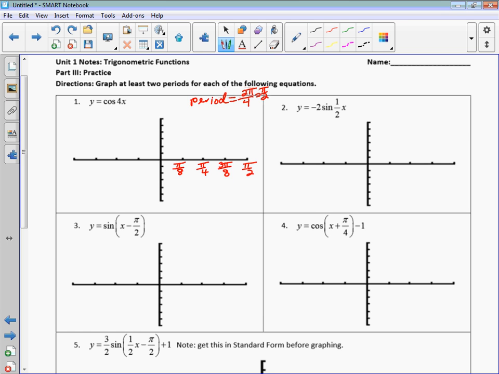I'm going to go 2 tick marks to equal 1 on my y-axis just because they're pretty close together. So cosine starts up at 1. Then it goes 0, negative 1, 0, positive 1. So the graph looks very much like your parent graph, but it's completely different because you've changed the x-axis labels. Okay.